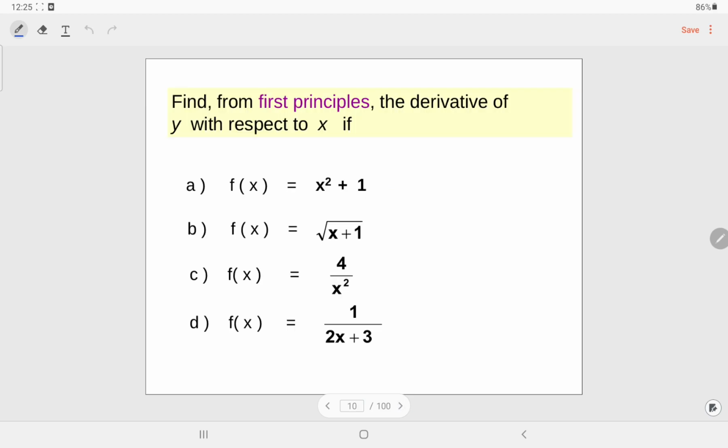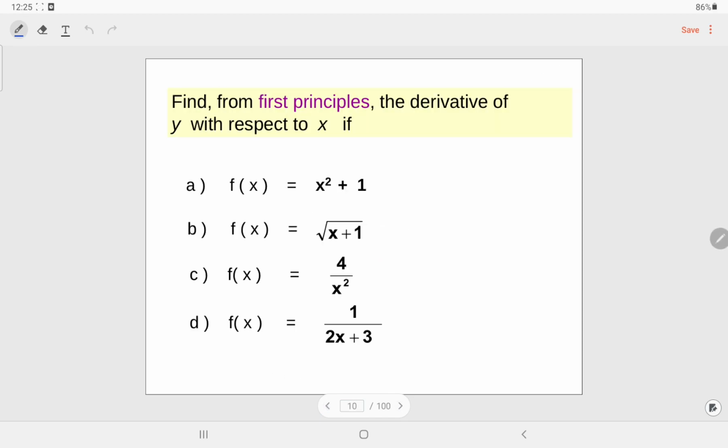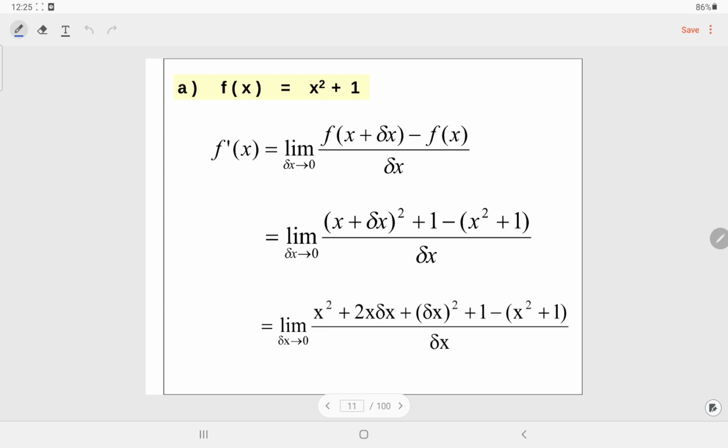We proceed to the next example. Find from the first principle, the formula just now, the derivative of y with respect to x for parts a, b, c, d. Look at example a, x squared plus 1.